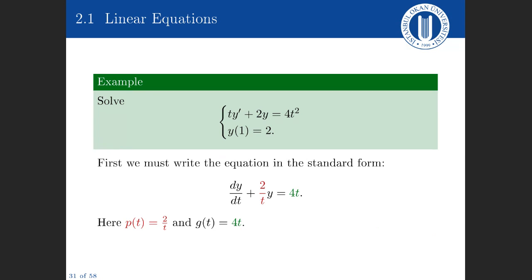I want to have a 1 in front of dy/dt, so I'm moving everything else in front of the y. In this case, I'm going to divide by t to get dy/dt + (2/t)y = 4t. Then this is of the standard form, where the function p is 2/t and the function g is 4t.